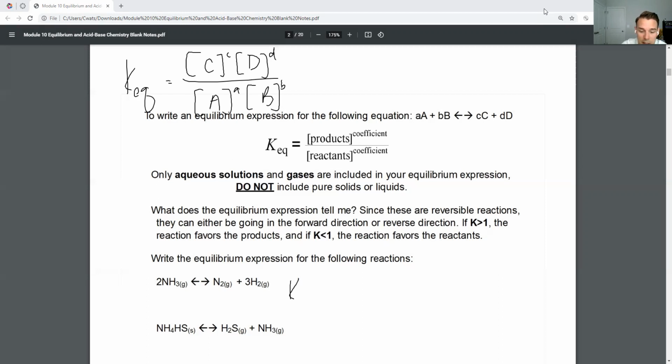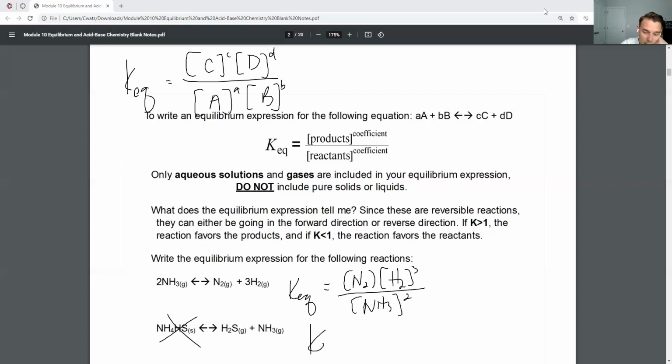So I can just write my K is going to be equal to the concentration of the nitrogen times the concentration of the hydrogen. We're going to cube that, divided by the concentration of the ammonia, and we're going to square that one. In the second example, solids are not included.